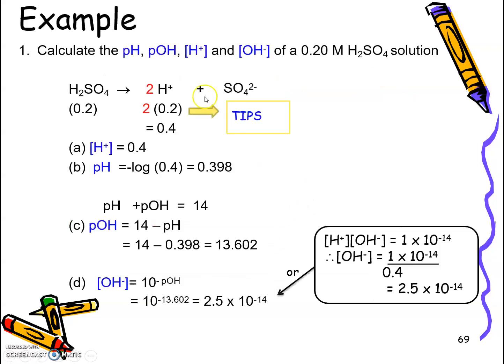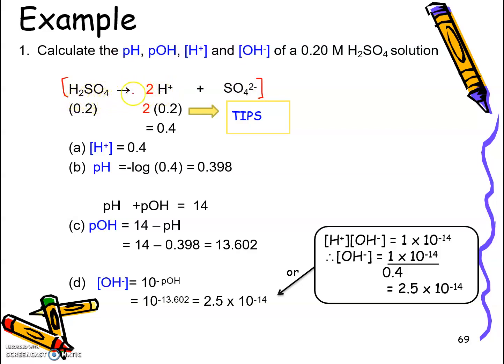Okay, we look at the example. Calculate the pH, pOH, concentration H plus and concentration hydroxide of a 0.20 molar sulfuric acid solution. First of all, you dissociate the acid into ions.